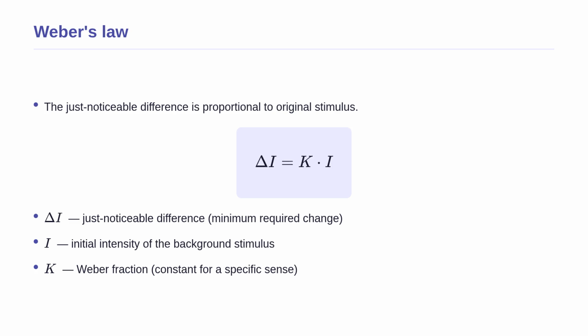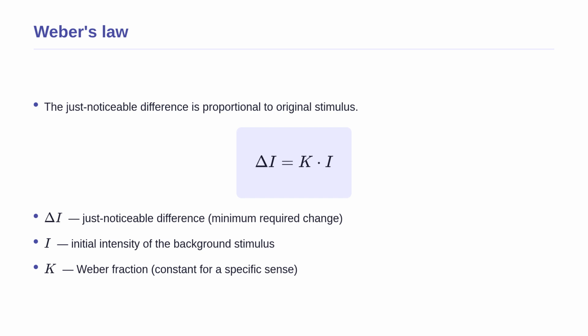Now that we understand the concept of sensory compression, let us look at the mathematics behind it. This brings us to Weber's law. Conceptually, this law states that as a background stimulus gets stronger, you need a much larger change in that stimulus to actually perceive a difference. The formula is delta I equals K times I. Here, delta I is the just noticeable difference, meaning the minimum change required for you to notice it.